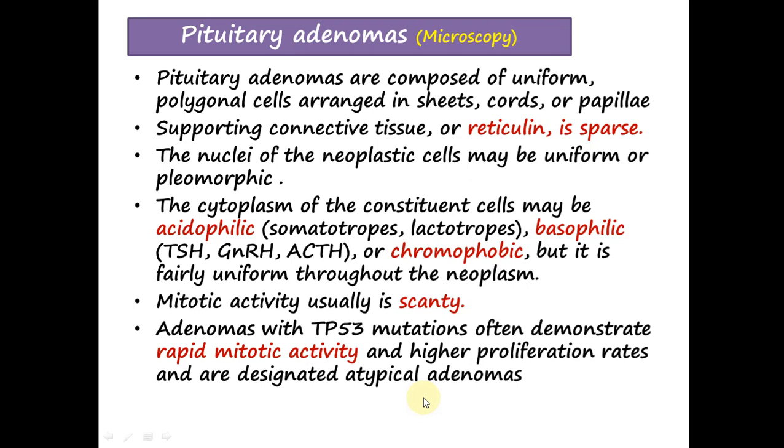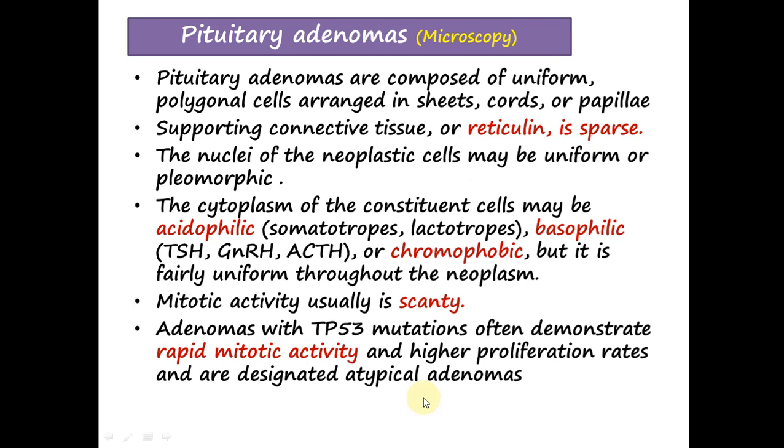Mitotic activity in pituitary adenoma: since it is a benign tumor, usually the rapid mitotic activity is seen in malignant tumors where the cells are very rapidly dividing. So this is a benign tumor, so mostly the mitotic figures are not very prominently seen and the mitotic activity is comparatively scanty.